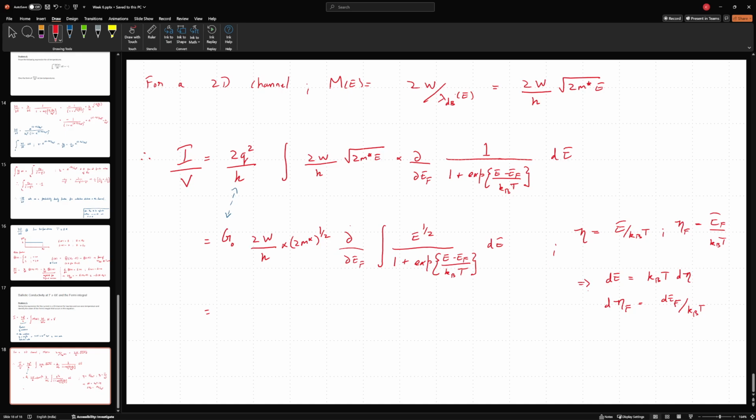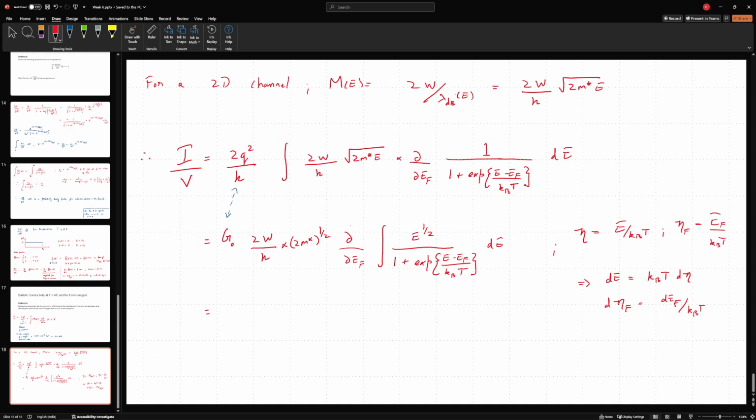So the respective scaling factors here, if I multiply and divide by KBT, the KBT will get absorbed into this and become d eta, and the KBT that I'm having for division here will get absorbed into this and become d eta F. I hope that is correct.